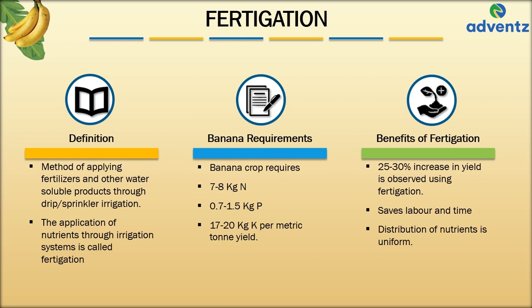Traditionally, farmers use more of urea and less of phosphorus and potassium. What are the benefits of fertigation? Fertigation results in 25 to 30% increase in yield. It saves labor and time, and the distribution of nutrients is uniform.